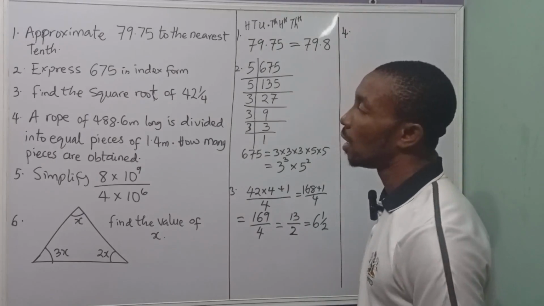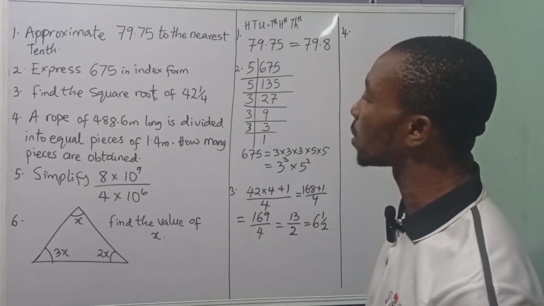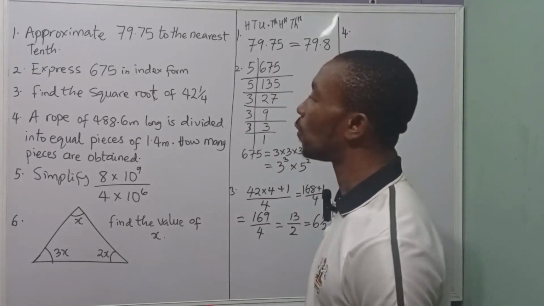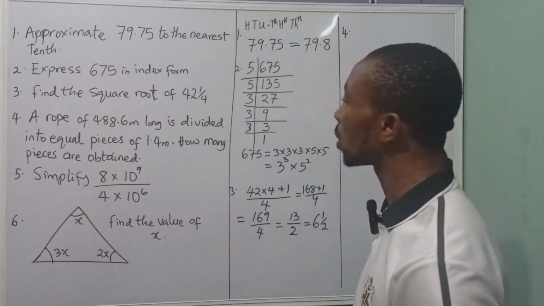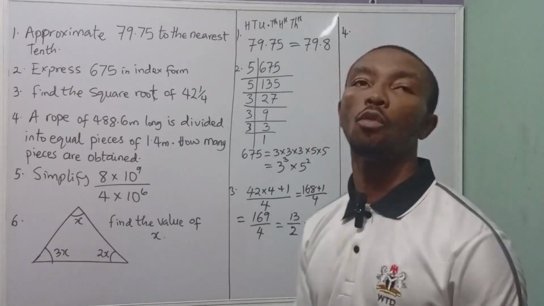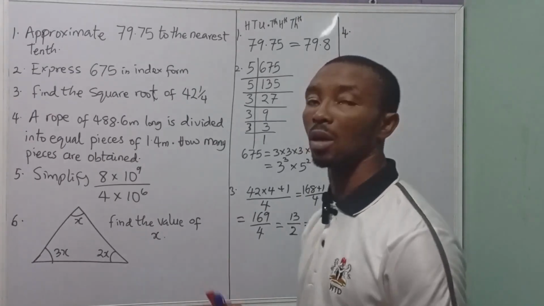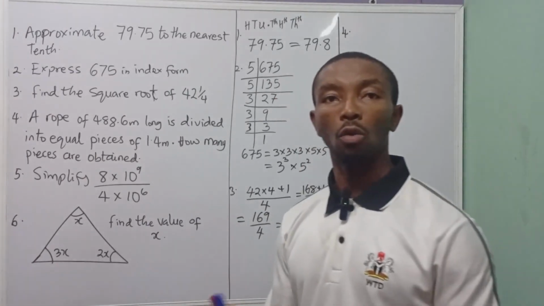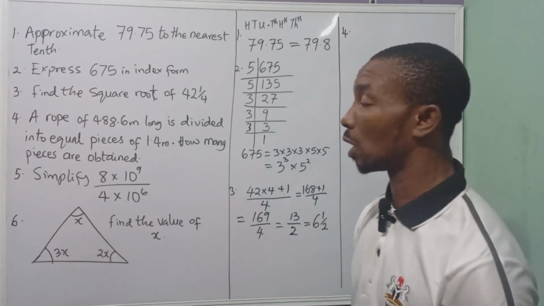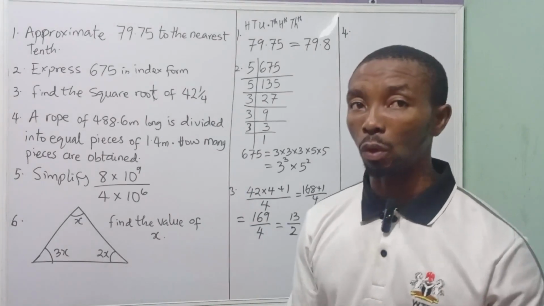Now next we'll be looking at number 4. It says a rope of 488.6 meters long is divided into equal pieces of 1.4 meters. How many pieces are obtained? We are given the original length of the rope and the new length that was cut out of the rope.